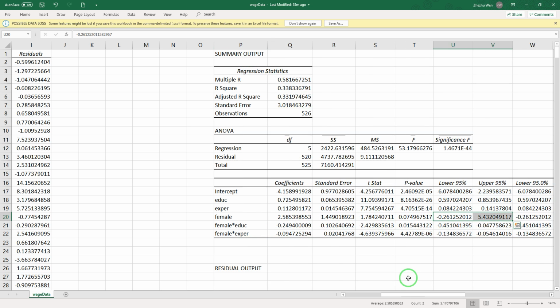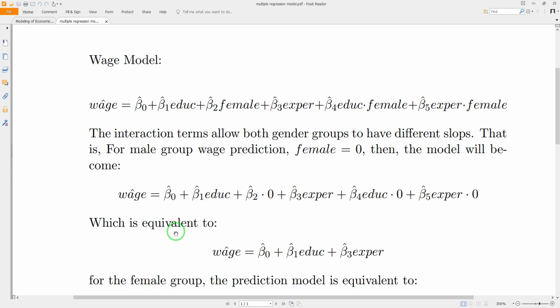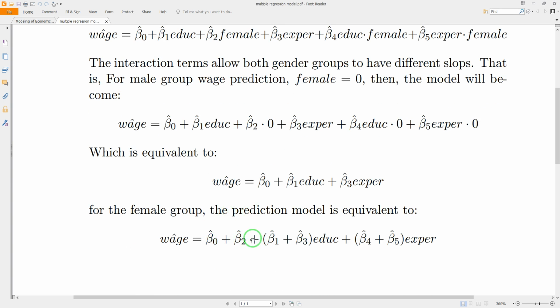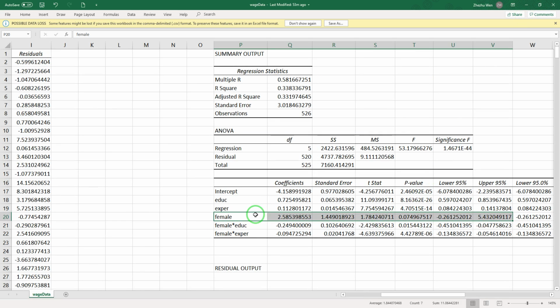However, if you think about it from the earlier model, this coefficient contributes toward the intercept. So I'm not going to worry too much about this. The other predictors all have statistical significance, with p-values less than 0.05, which is good.